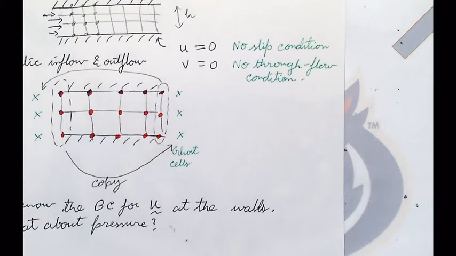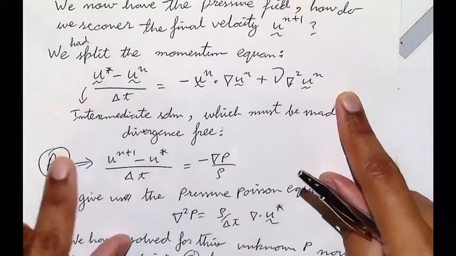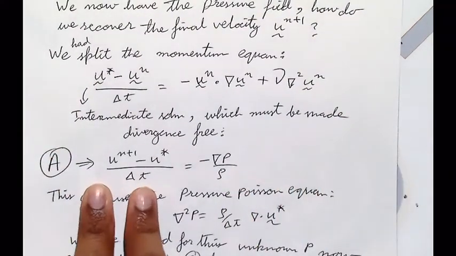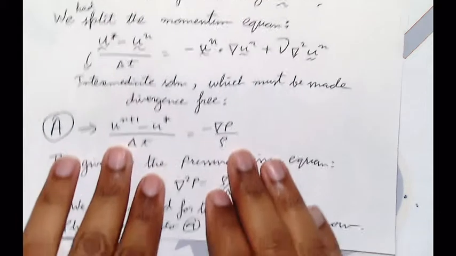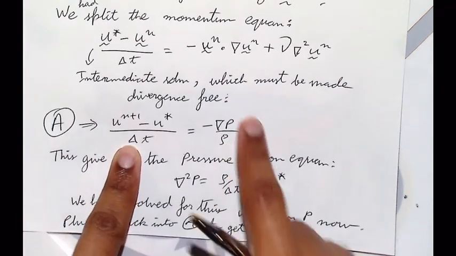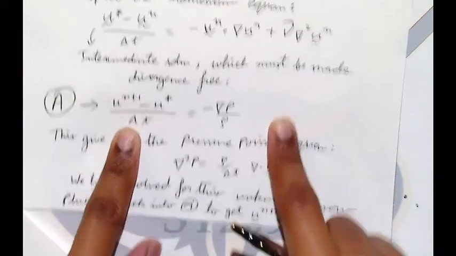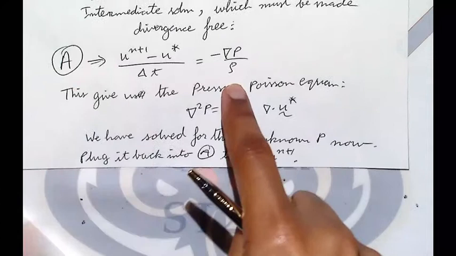See, we are using pressure to enforce the continuity condition. So that's why some people refer to it as pseudo pressure. And any boundary condition you impose has to be consistent with this. So we can start using this equation to figure out what the boundary condition should be at the wall.